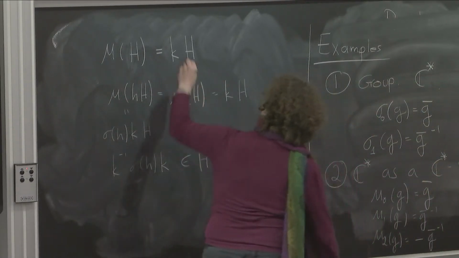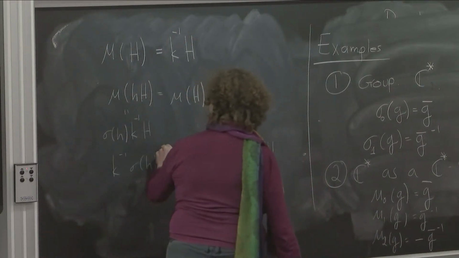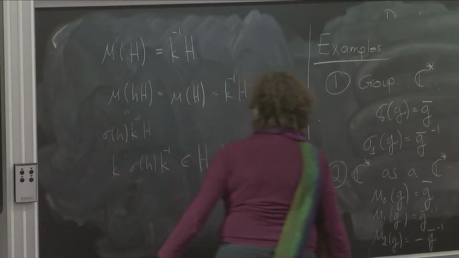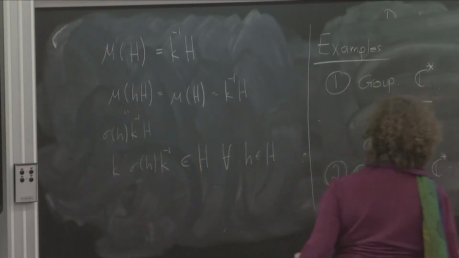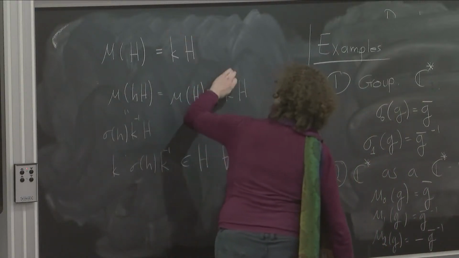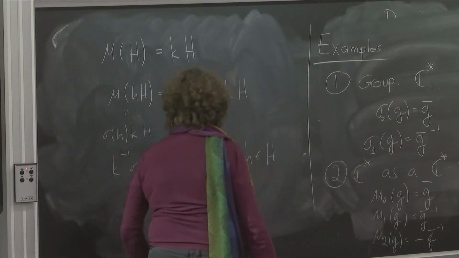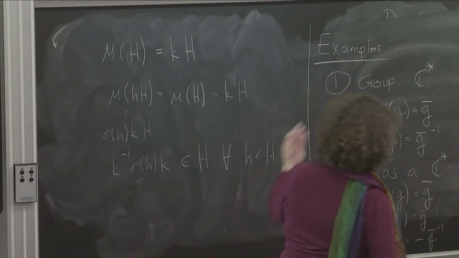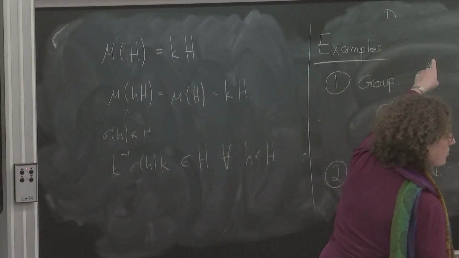Okay, I'll do it K minus 1 here to make it right. Oh, no, I did it right before, because it was the other way around. This means that sigma H has to be KH, K minus 1. That gives me my first condition.